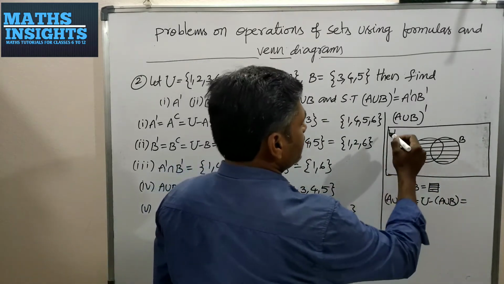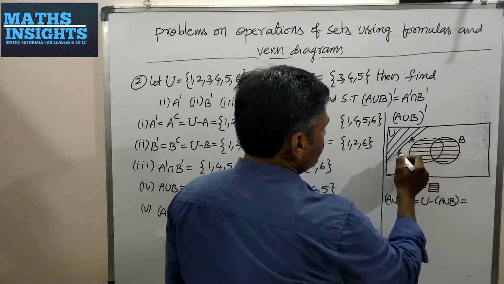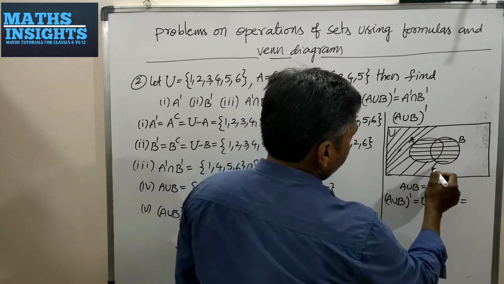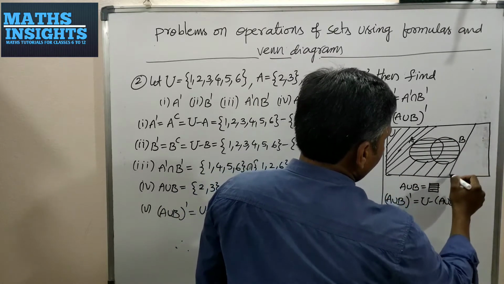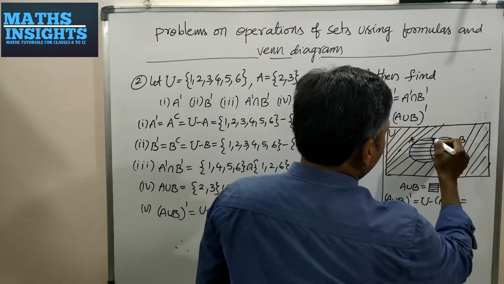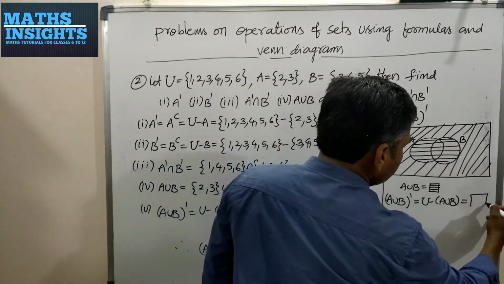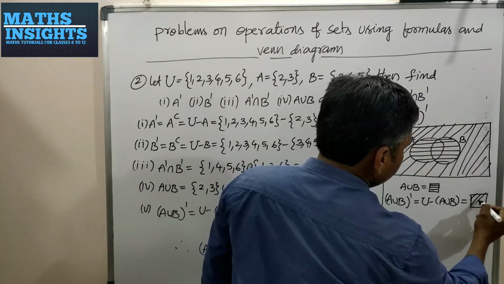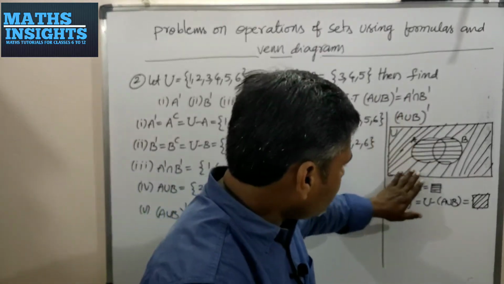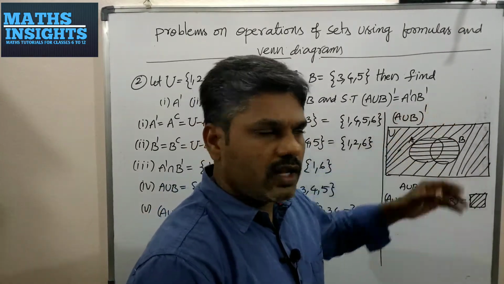I am representing that area with crossed lines. Okay, you should not draw these crossed lines in these Venn diagrams of A and B. So I am representing the area with only crossed lines. Then you may understand that this is the area which is showing (A union B) whole dash.